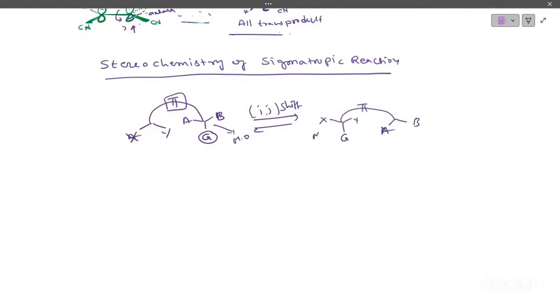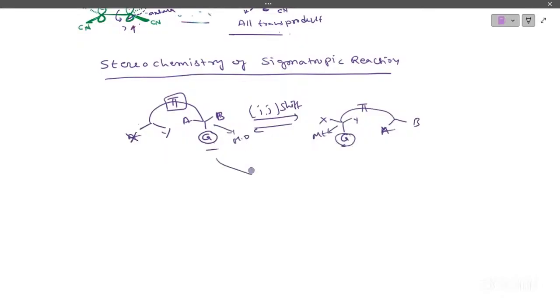Now, suppose here the G is migrating in two ways. Here it is attached in the bottom of the pi system. Therefore, after migration, it is also attached to the bottom.